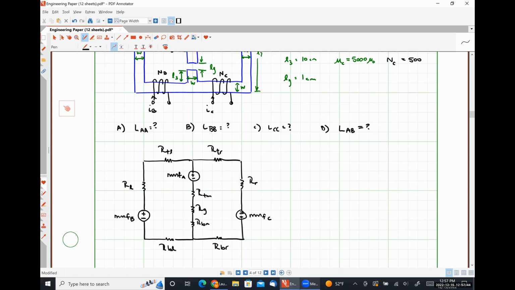For the next 10-ish minutes, what we're doing is effectively the same thing we've been doing all along, simply calculating reluctances and putting things together.